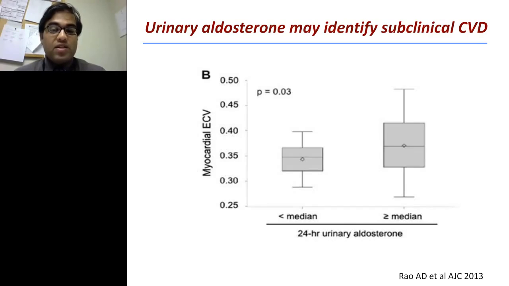Another way of looking at this, we divided the 24-hour urine aldosterone measurement into either greater than or equal to median aldosterone levels in the urine versus less than median. And as you can see here, those individuals who had higher than or equal to median values for their aldosterone levels clearly had higher cardiac fibrosis as measured by the extracellular volume that we again did non-invasively, and this was statistically significant.